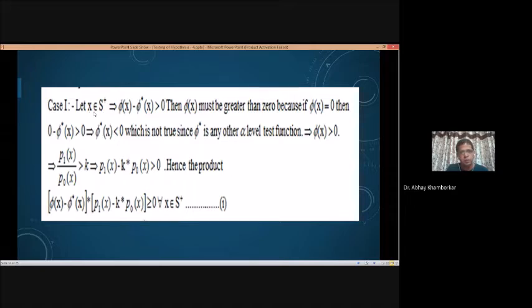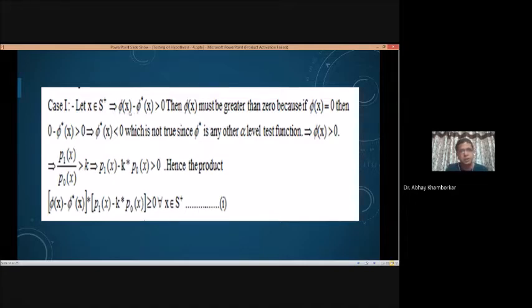So as soon as I say that x belongs to S plus, it means that phi of x minus phi star of x is greater than 0, right? Now please remember that phi of x as well as phi star of x are nothing but the test function. They are nothing but the probability of rejection. So we are going to use that particular concept here.